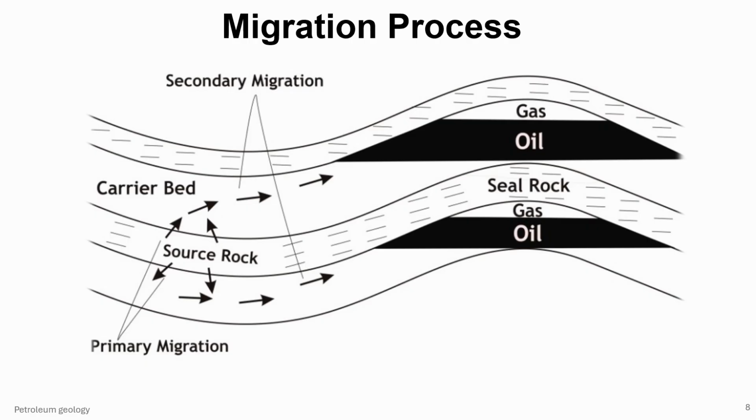Three forces are important here: gravity, buoyancy, and capillary force. For hydrocarbons to migrate upward, buoyancy must overcome both gravity and capillary pressure. If hydrocarbons are not trapped, they may continue migrating to the surface and appear as natural seepage.